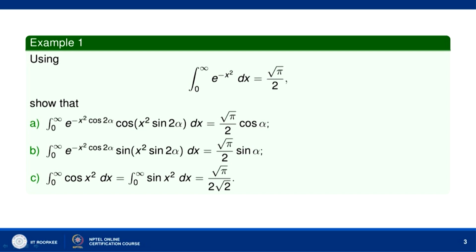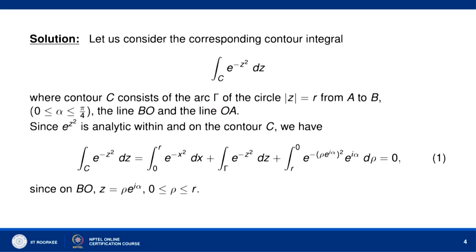Now, let us see how to get the value of A and B integrals by using residue calculus. So, let us consider the contour integral over C e to the power minus z square dz, where the contour C consists of the arc of the circle mod z equal to r from A to B. So, let us draw the contour.